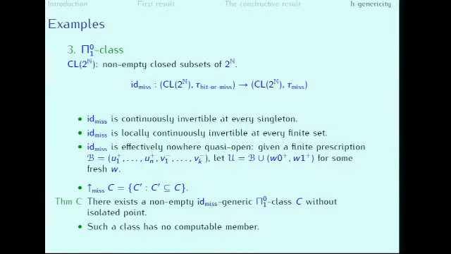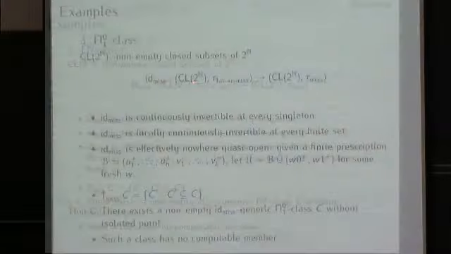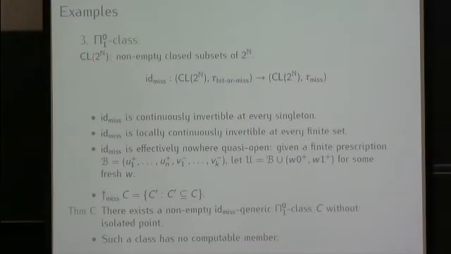Another example is that you can consider this map, which takes a closed subset of Cantor space, but as input it describes the cylinders that hit the set and the cylinders that miss the set, and as output it only gives the negative information.